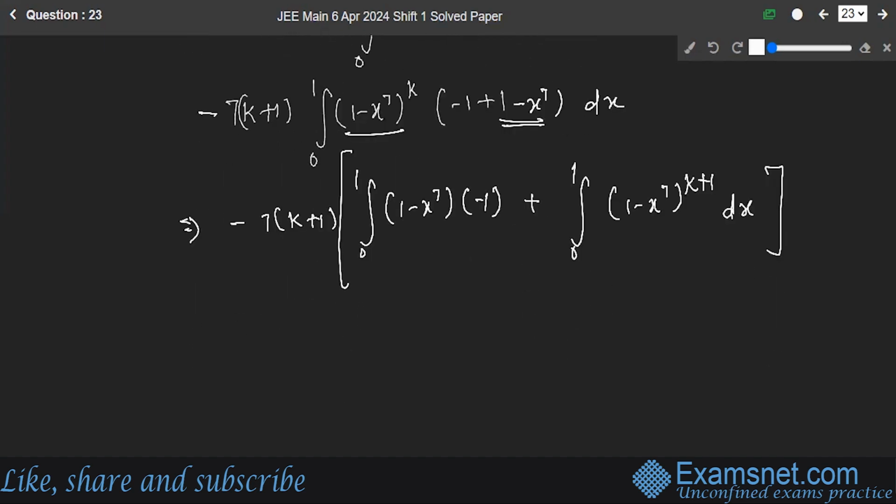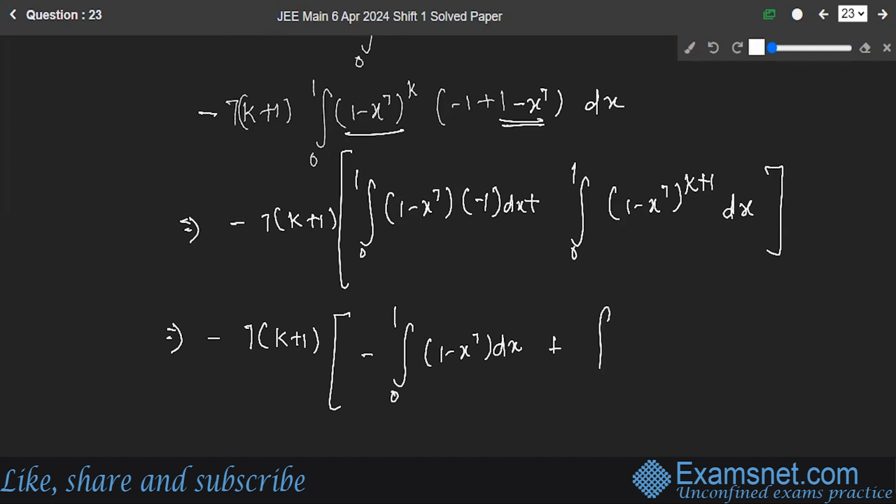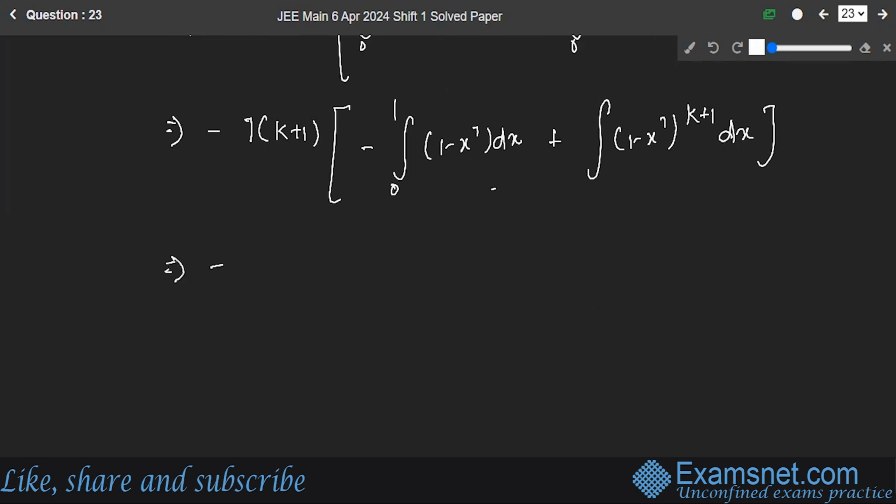Okay. So see, this was equal to, let's write it as this. So this is minus integral of 1 minus x raised to power 7 dx, and this is 1 minus x raised to power 7 k plus 1 dx. So this is what your IA and IB are.